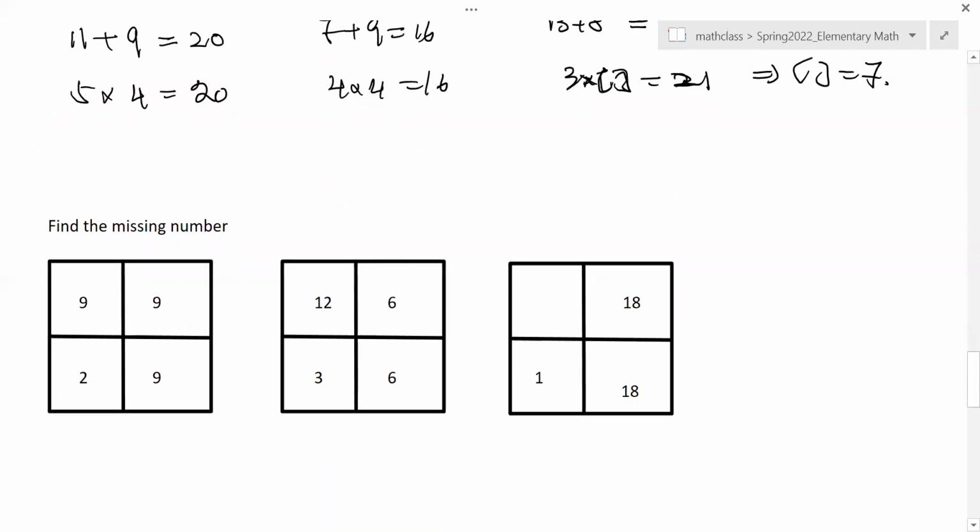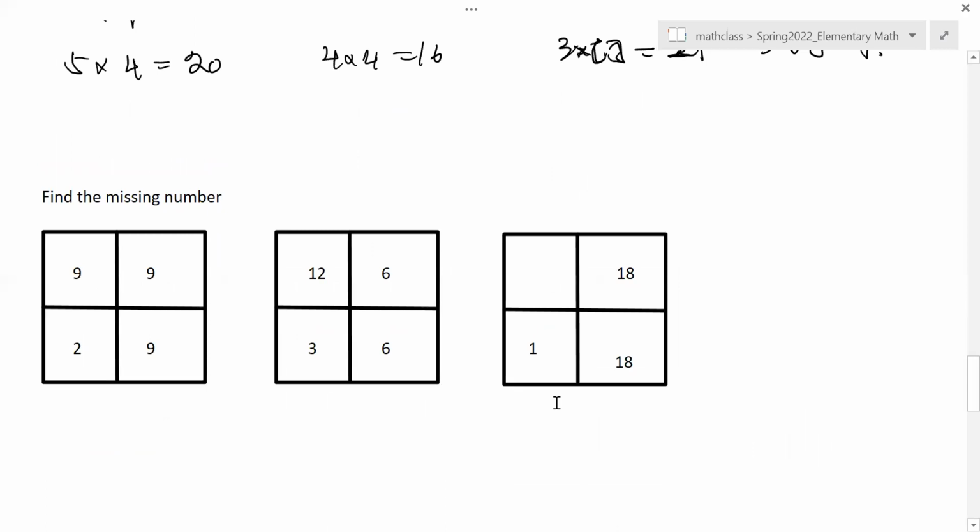All right, and now you look at this one. Okay, can you do that now?